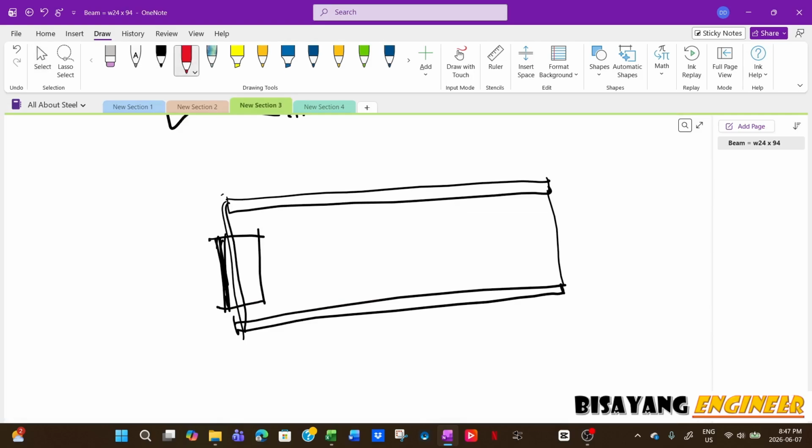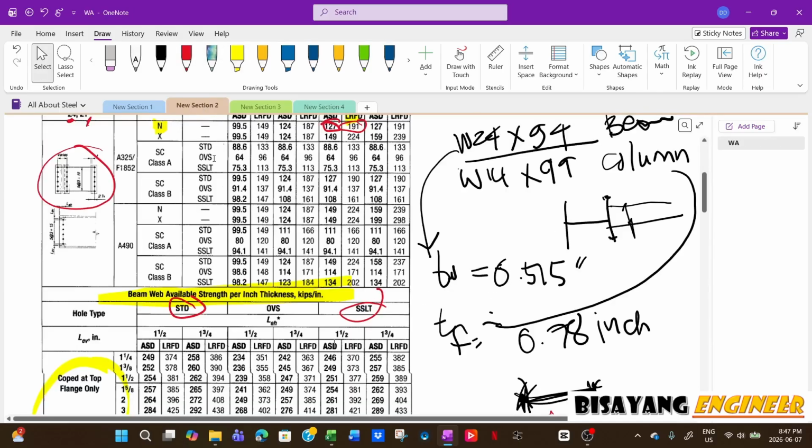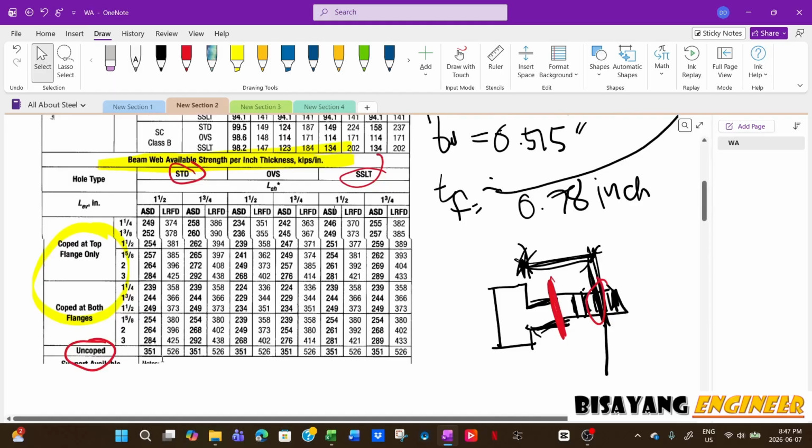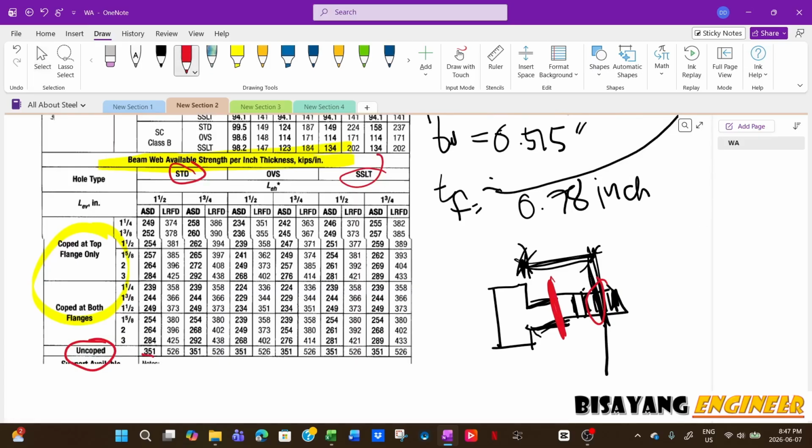So if your bolt is right here, this is only critical if you have a cope, cope flange, but for uncoped flanges, if you notice the capacity, it's 351, 351, 351 for ASD, and then the LRFD is 526, 526, 526. It doesn't really matter if the section is uncoped.